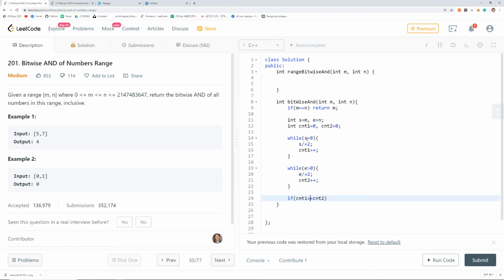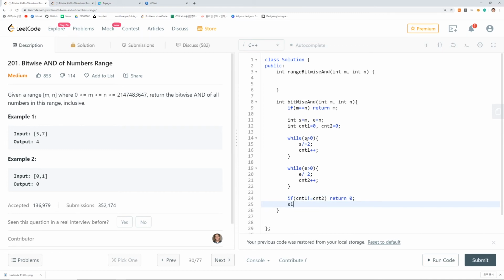If they are not the same, it means that the range includes the borderline. If the range includes the borderline, it is gonna be always 0 in that case.